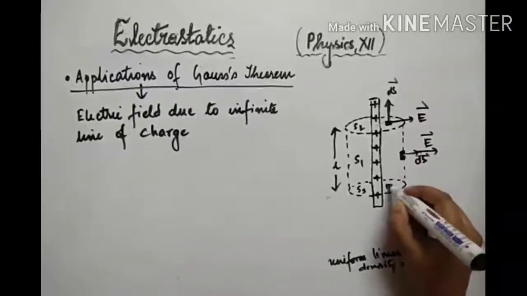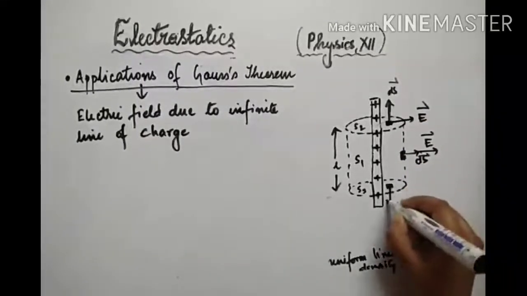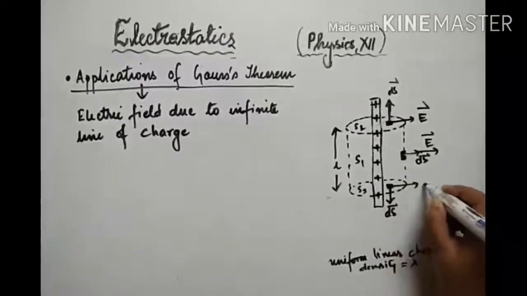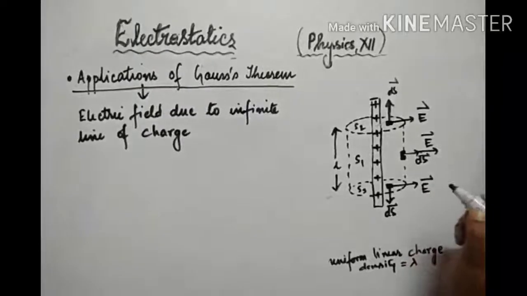And in this case again, if you consider a surface here, your area vector will be along this direction and your field will be along the outward normal, that is this direction.